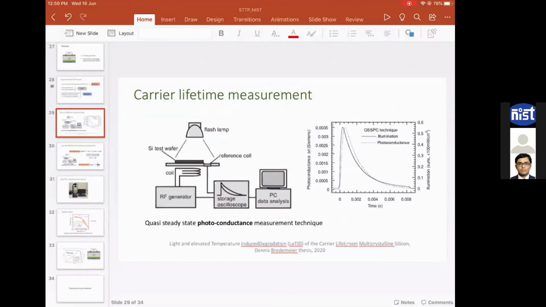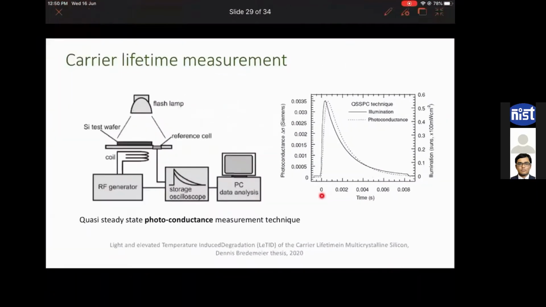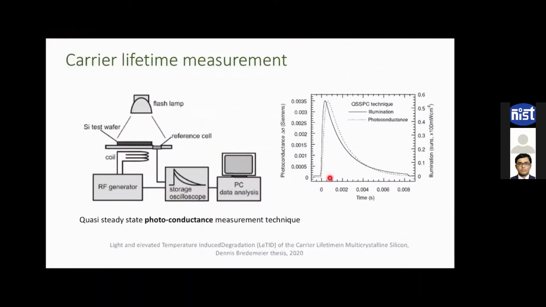If you can see the right hand image on the screen, for any kind of semiconductor, the rate at which the photoconductance decays depends on the lifetime of your carriers. If the decay is quite fast, you have a very low lifetime. If the decay is quite slow, you have a high lifetime. It is the inverse slope of this photoconductance, or photoconductivity, that indicates the lifetime of the carriers.